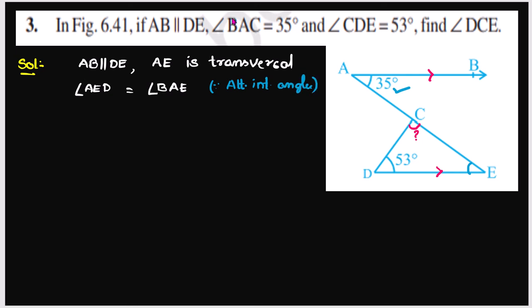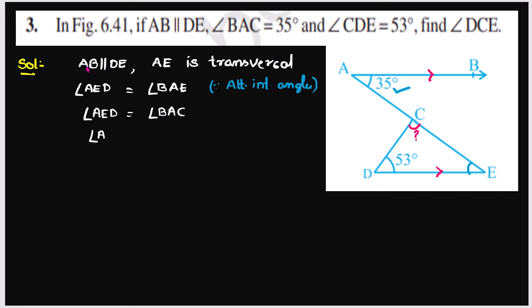But already it is given angle BAC. BAE is nothing but angle BAC. So angle AED equals angle BAC, because BAE and BAC both denote the same angle. So that is 35.